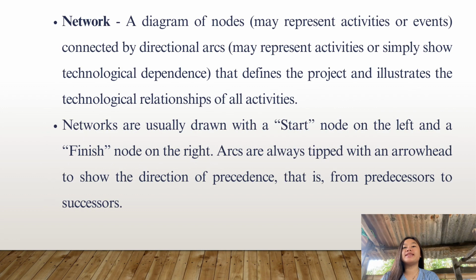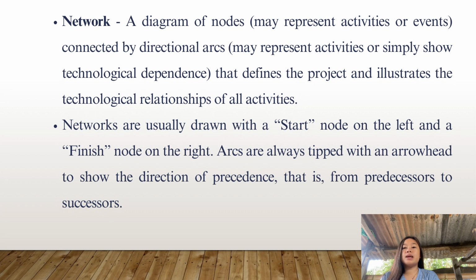The fourth one is network. A diagram of nodes, which may represent activities or events, connected by directional arcs, which may represent activities or simply show technological dependence, that defines the project and illustrates the technological relationship of all activities. Networks are usually drawn with a start node on the left and a finish node on the right.